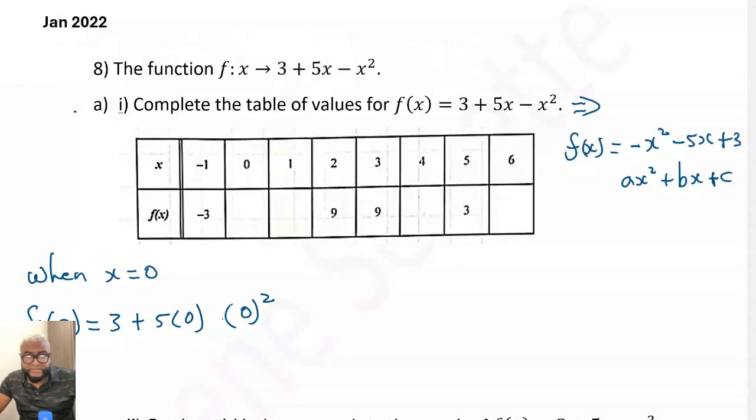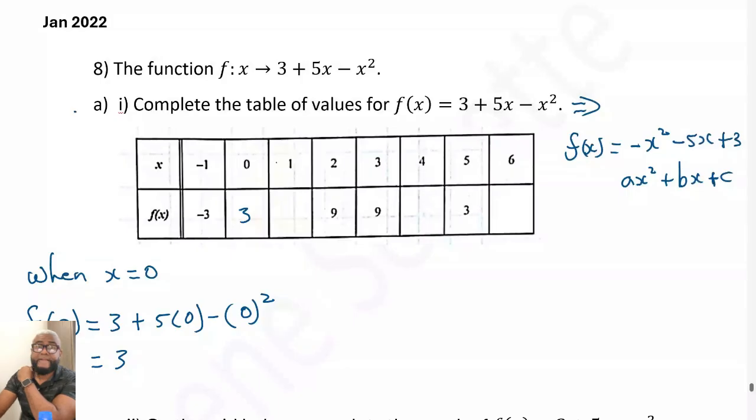Let's write these things a little better. What will this work out to? 5 by 0 is 0. So this will be 0 minus 0. 0 minus 0 is 0. 3 plus 0 is 3. All right? So this is 3.